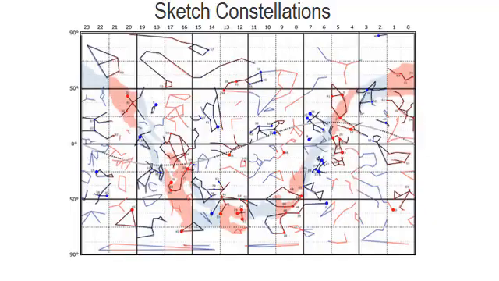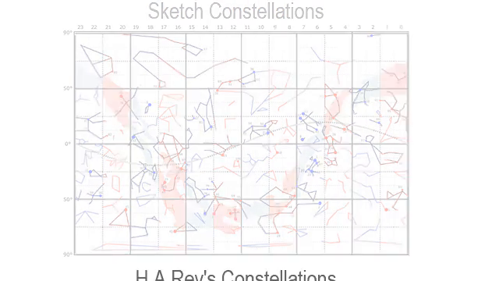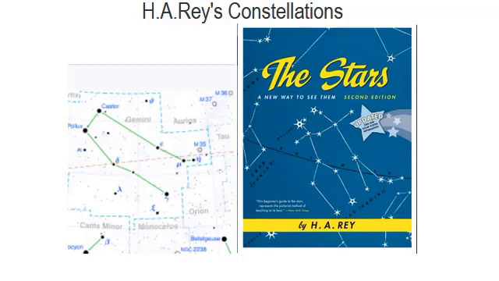Sketching constellations is best done by tracing them with the line tool set to black and a size of 1. The style of constellations used on the sky map were developed by H.A. Rey in 1952. Several of them have replaced the former designs.